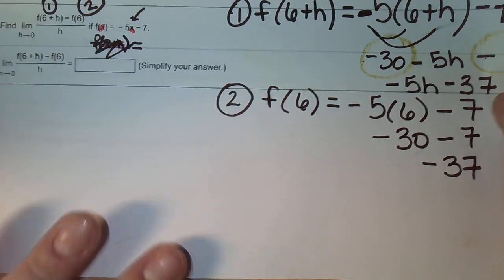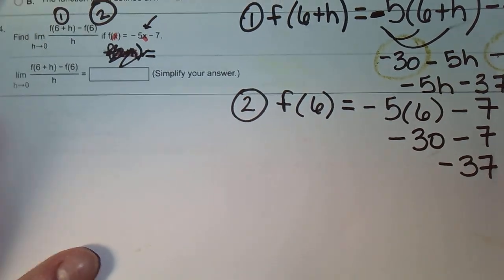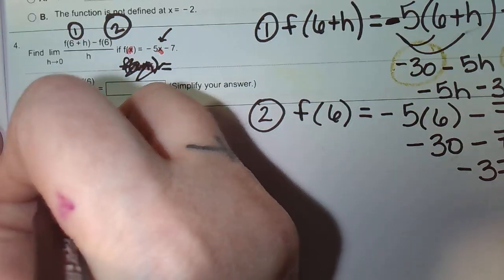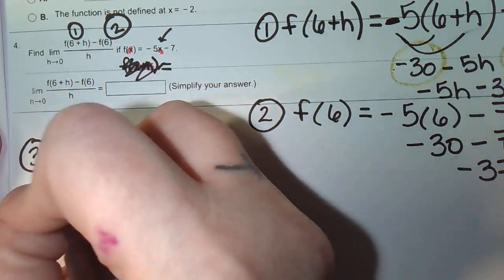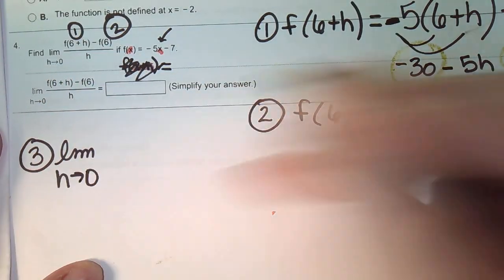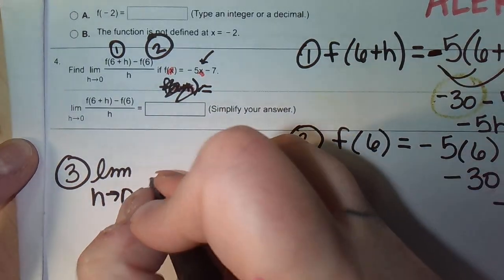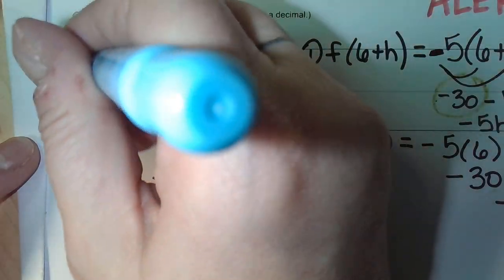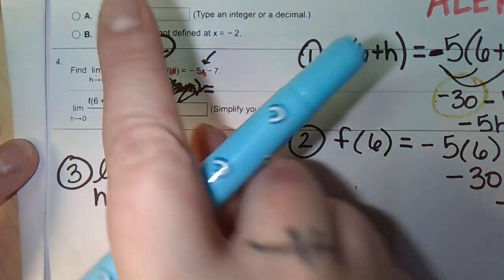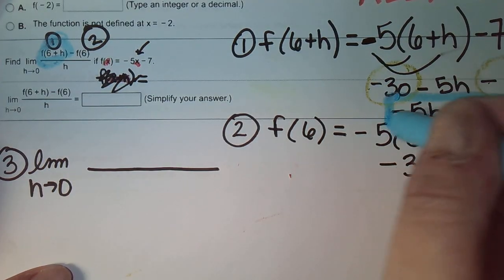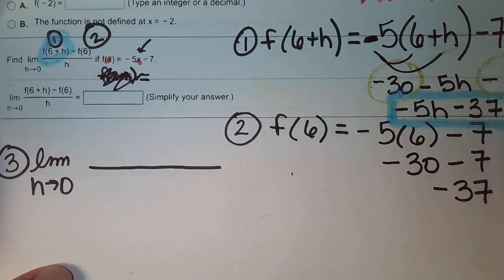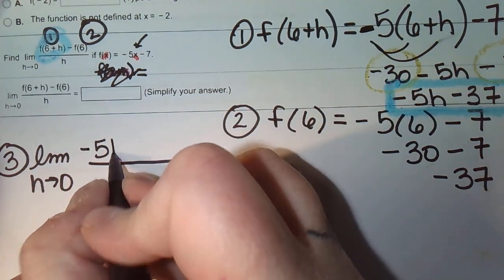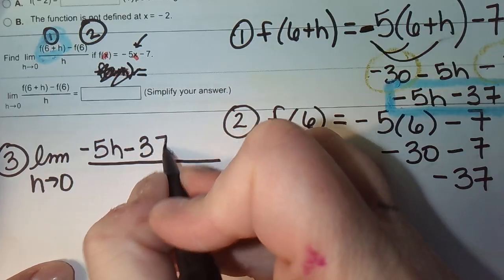Huzzah! All right, the next thing you're going to do is throw it all in that formula. It says limit as h approaches 0. And there's the formula. Okay, so let's see here. The f(6 plus h) is what we got from our first step. So I'm going to put that negative 5h minus 37 right there.